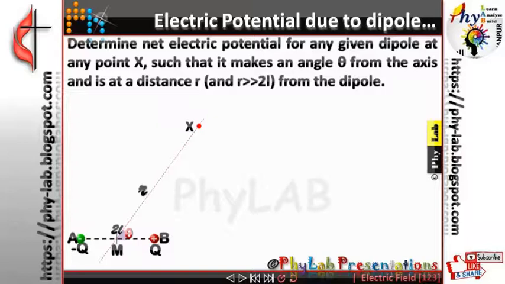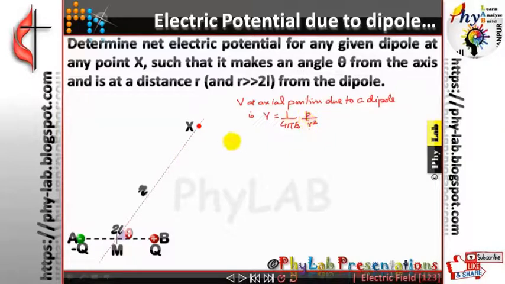So friends, the potential at an axial position due to a dipole is V axial equals 1 upon 4 pi epsilon naught, P upon R square.